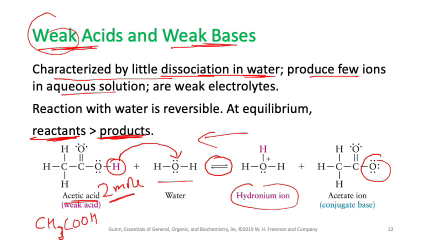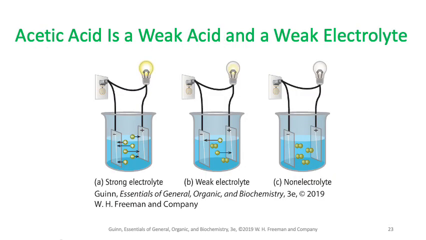So let's take an example. We can also test whether an acid or base is a weak acid or a weak base. Let's say I dissolve a strong acid in a solution, and I put an electrode in the solution with a bulb and make the circuit complete.